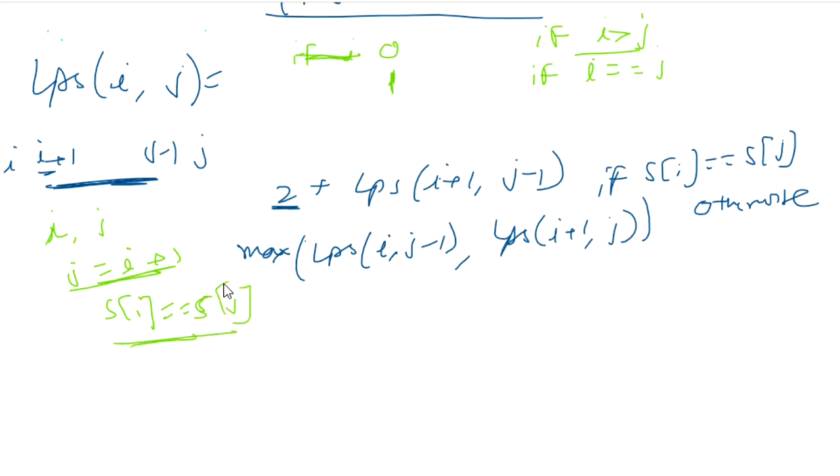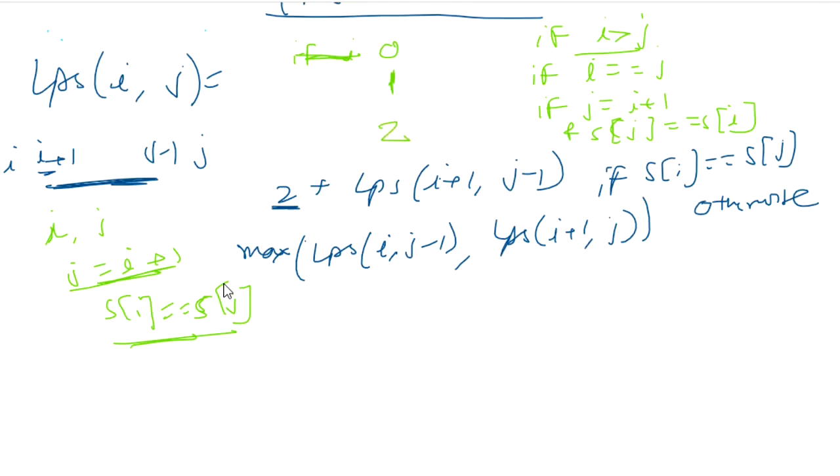So if j equal to i plus 1 and s[j] equal to s[i], then we should return length 2.